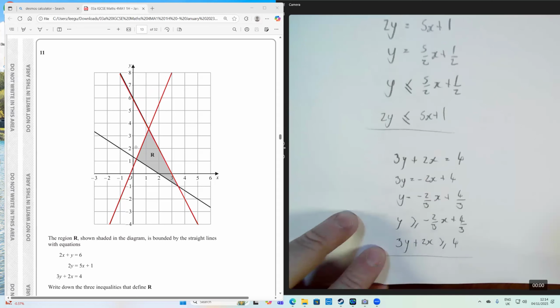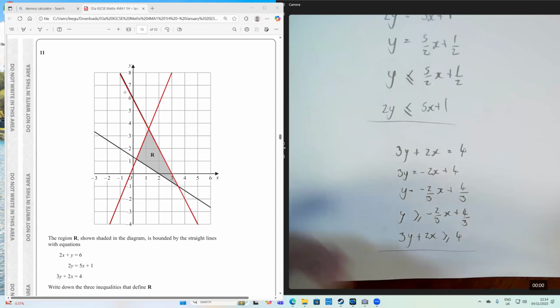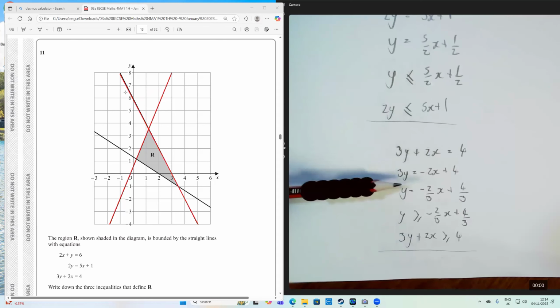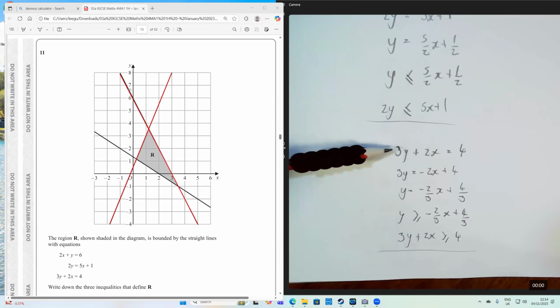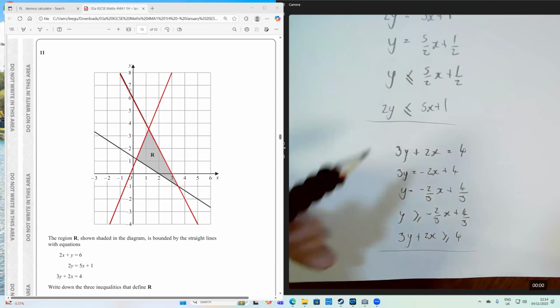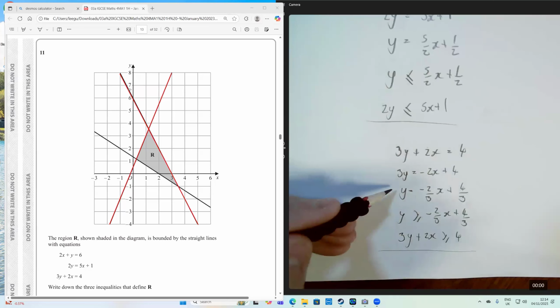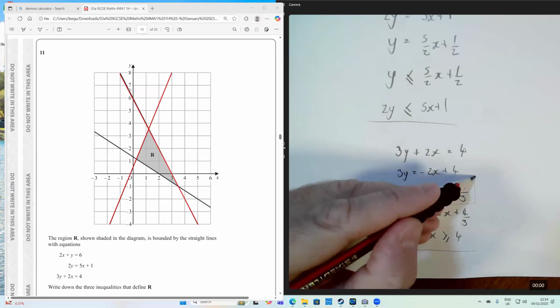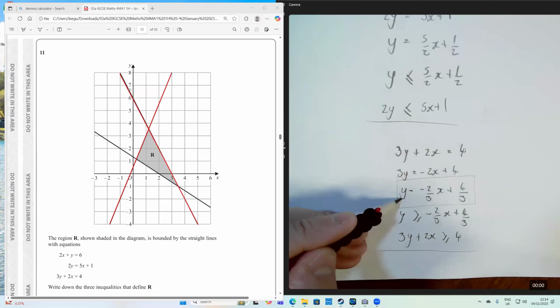Nearly done now, just the last line, okay? And the last line, I've rearranged it still to make it in the form y equals mx plus c. I think we have to do that so we can see what's going on with it. So step 1, I subtracted 2x off both sides. And then step 2, I divided by 3. So I've got it written in the form y is equal to mx plus c.